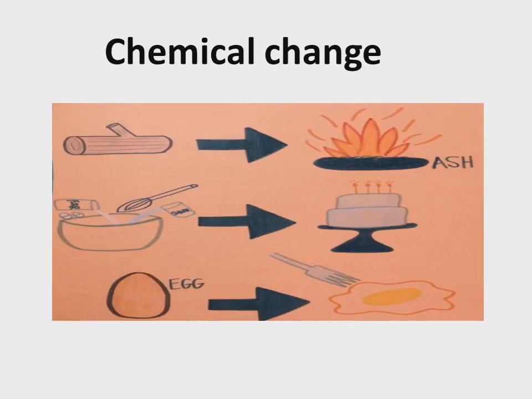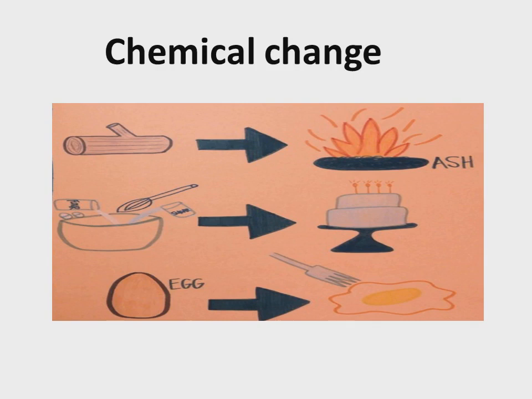Now chemical change. A chemical change requires the interaction between two substances. It is a change in which a new substance is formed that has an entirely different composition from the original substance, as shown in the slide. Wood burns to form a new product, ash, and many types of ingredients are mixed to bake a cake.